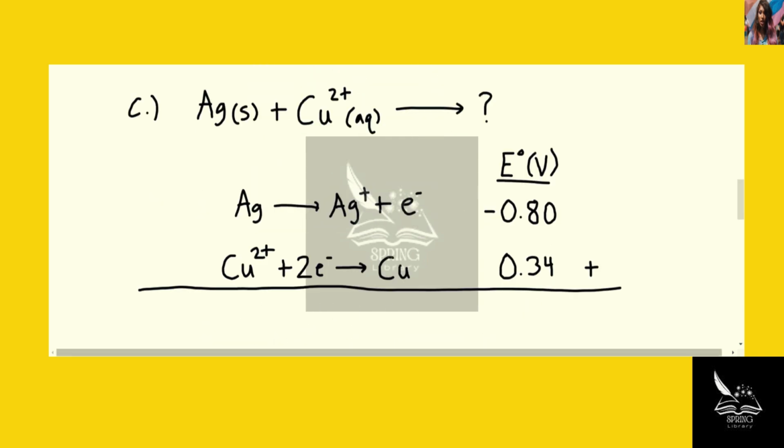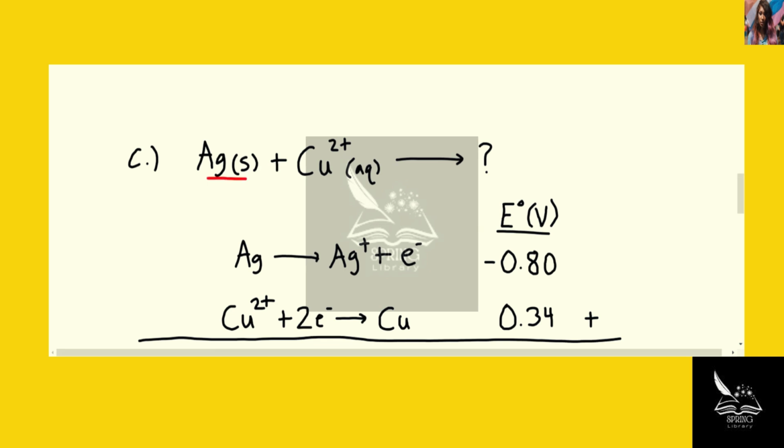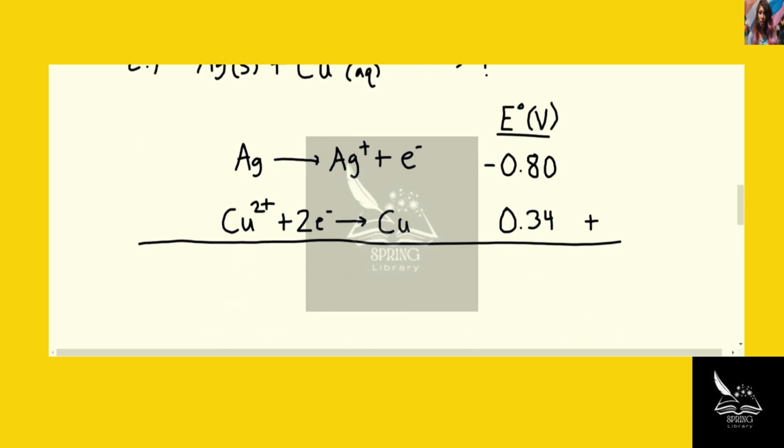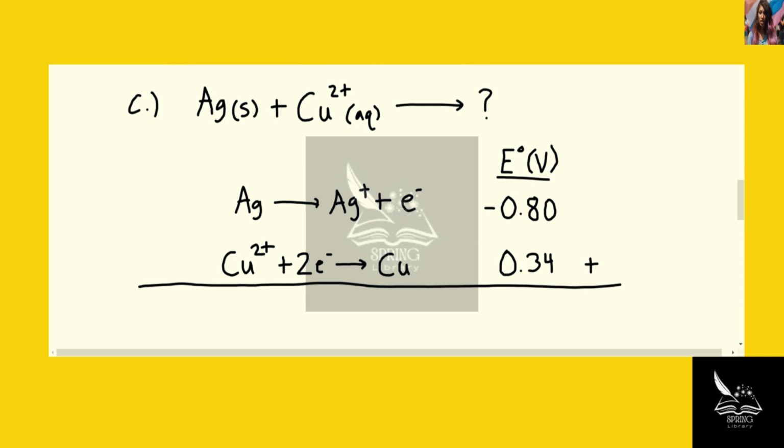In part C, the reaction that is occurring is a silver wire, so that means solid silver, being placed into a solution of CuCl2. So we have solid silver, and we have Cu2 plus ions in aqueous solution. From the standard reduction potentials table, we know that these are the two half reactions that are taking place. Silver is being oxidized since it starts out as a solid going into Ag+, and Cu2+ therefore must be being reduced.